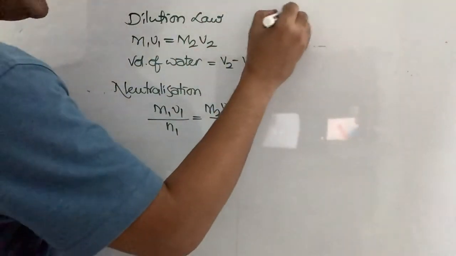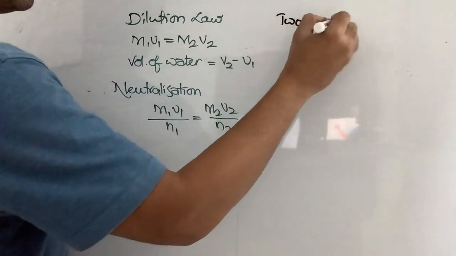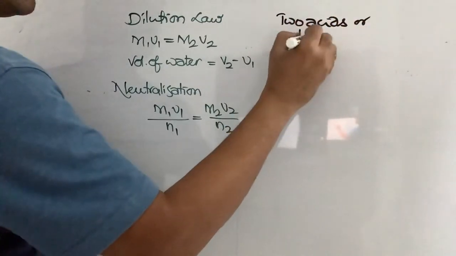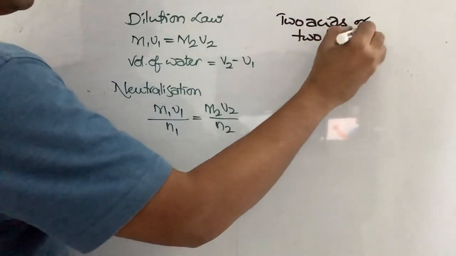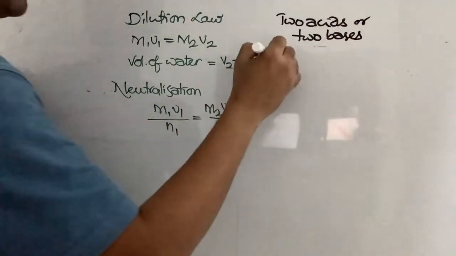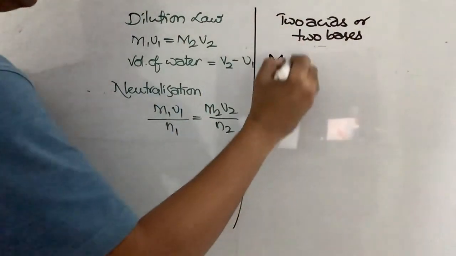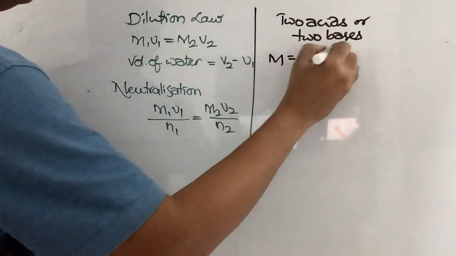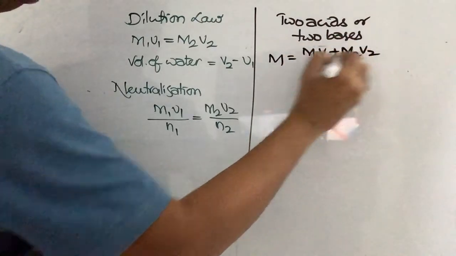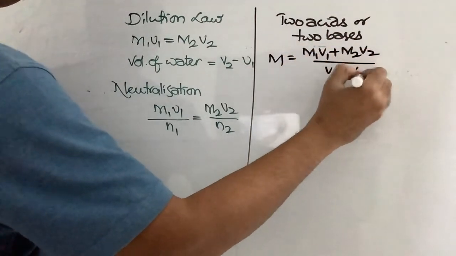When two acids or two bases are mixed, the final molarity is equal to M1 V1 plus M2 V2 by V1 plus V2. Same nature when you are adding.